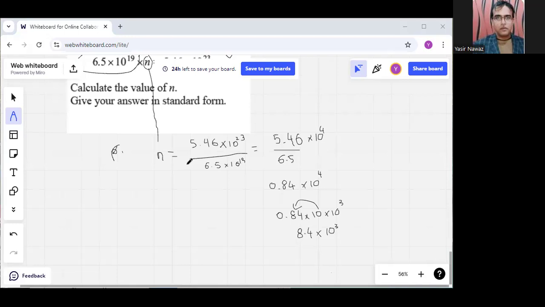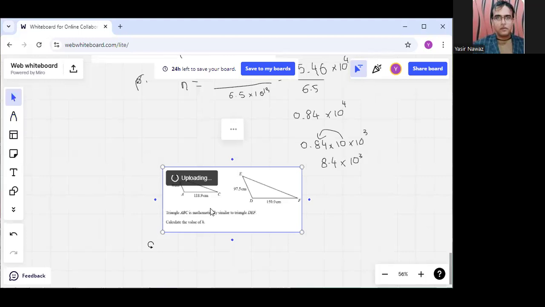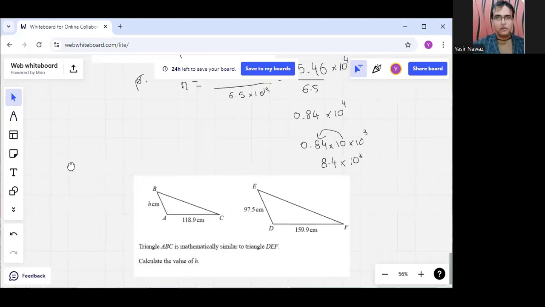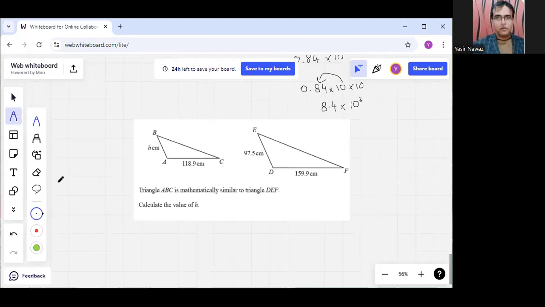Here are two triangles in which you have to see which angles are congruent to each other.